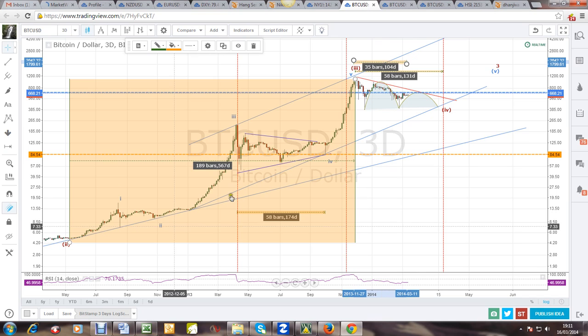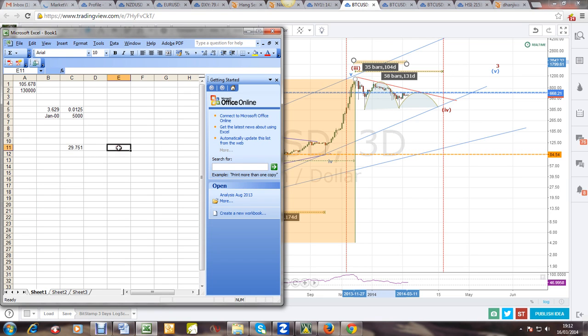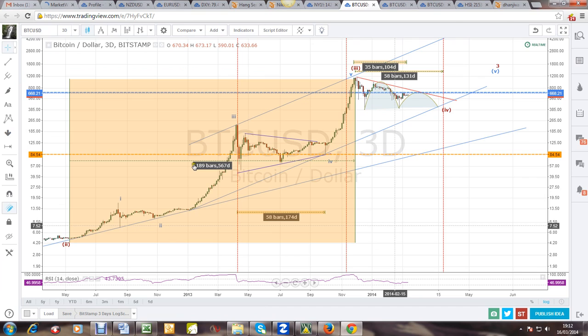If you were doing fib ratios on this one, I'd say at least 38%, right? So what does 38% come to of 190 bars approximately? If I say 190 bars times 38.2%, that's coming to something like 72 bars. So 72 bars means that is going to be massive.